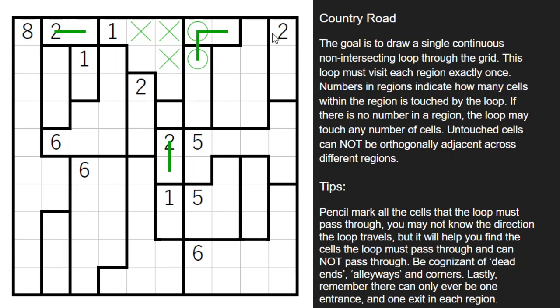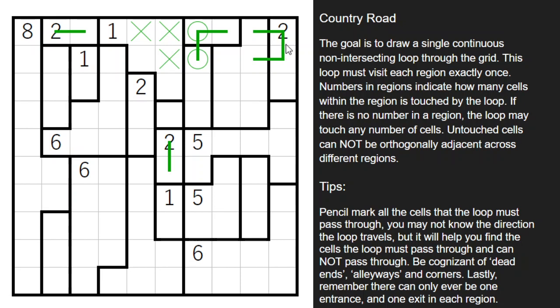And now this 2 in the corner, this 2 clue is interesting because if we think about this corner, if we hit the corner like that, we've entered this 7-celled region, and we're going to have to enter it too many times because we've hit 2 cells here. We wouldn't be able to continue to go down.